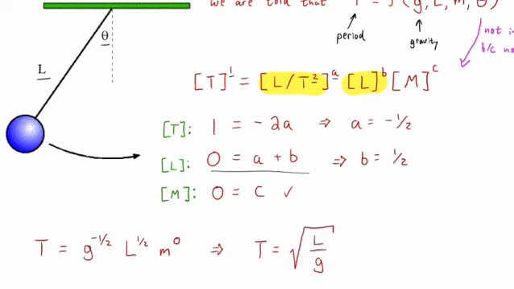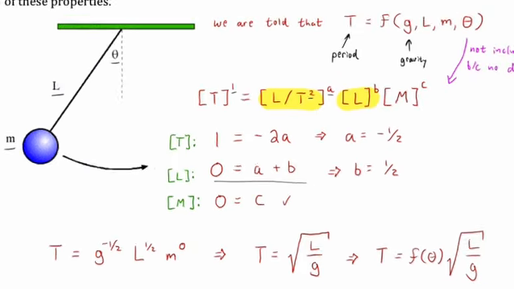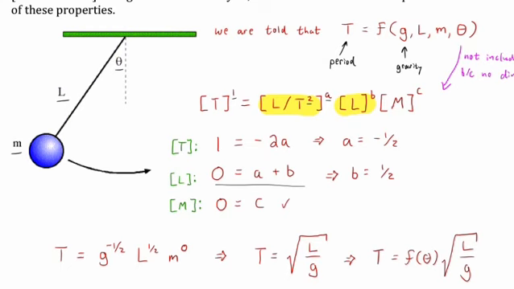Strictly speaking, since dimensional analysis didn't tell us anything about the actual initial deflection, all we can say is that the period is equal to some function of initial deflection, potentially, times the square root of L over g. And this is because we didn't know anything about it, we're stuck with that unknown.